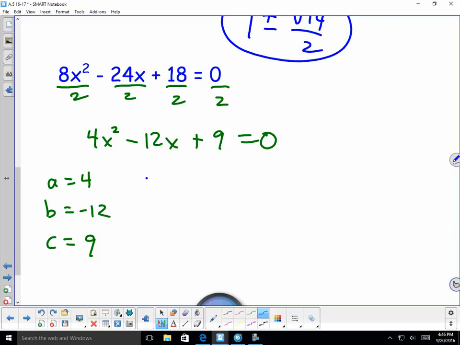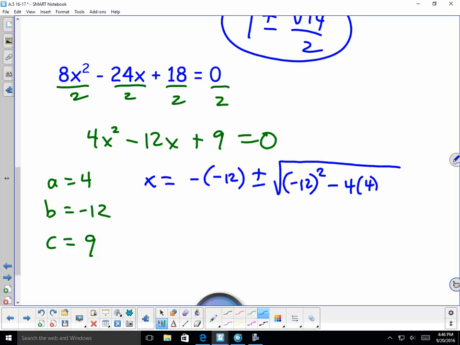When I plug this in, I get negative b, that's the opposite of negative 12, plus or minus the square root of negative 12 in parentheses squared minus 4 times a times c. That's 4 times 4 times 9. The whole thing is over 2 times a, so that's 2 times 4.